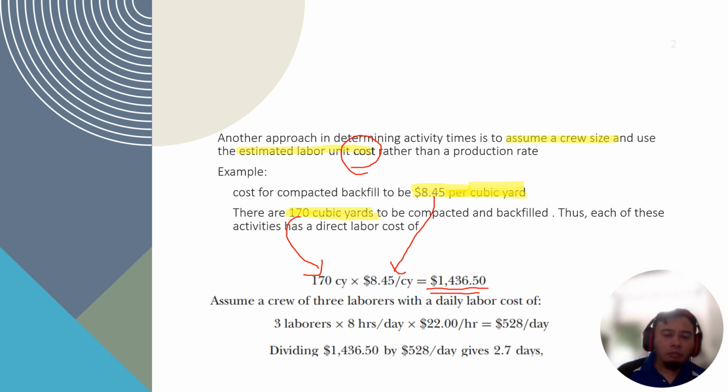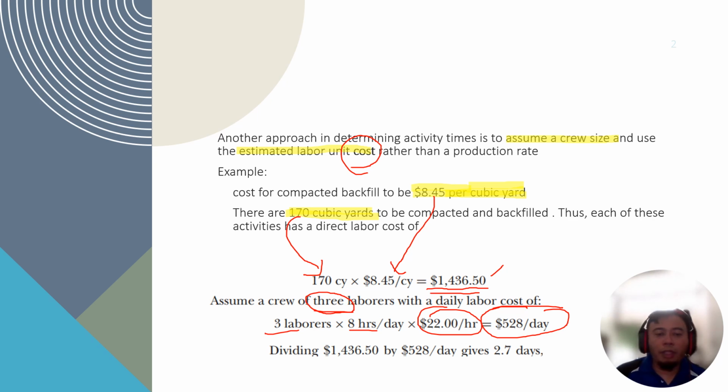So assume you want to use 3 laborers, which cost 22 ringgit per hour. You're working 8 hours a day. So your total cost of 3 laborers per day is 528 ringgit.